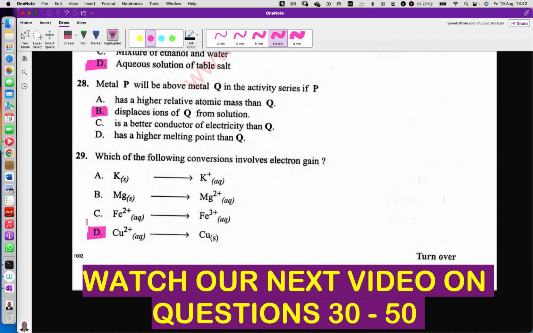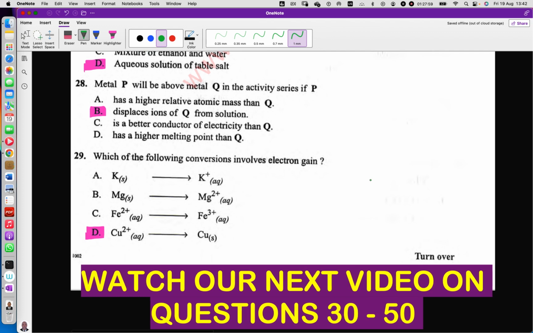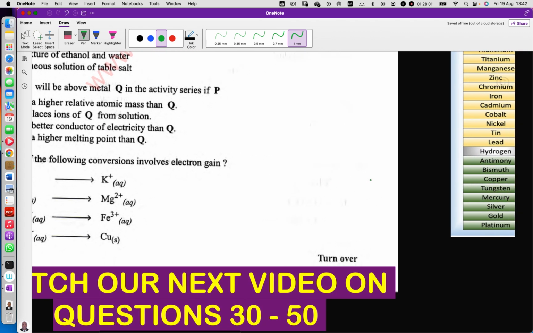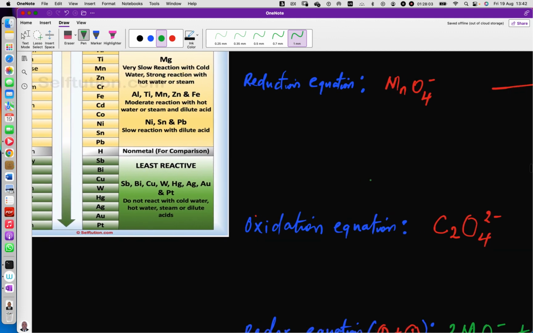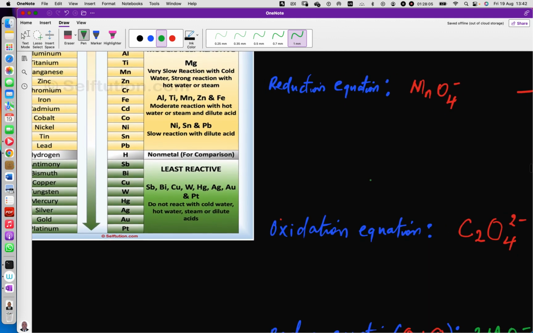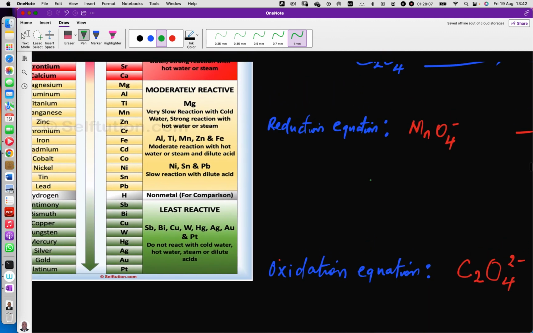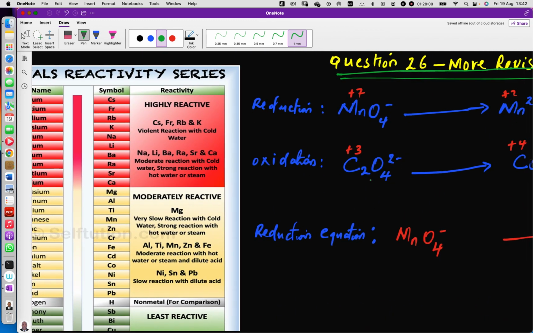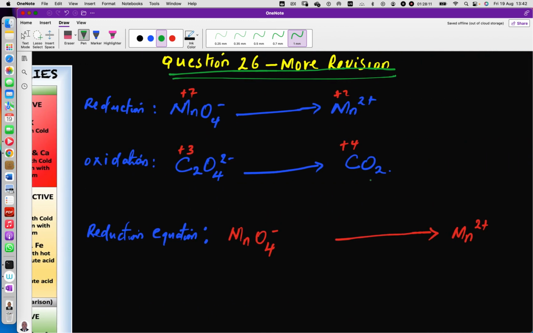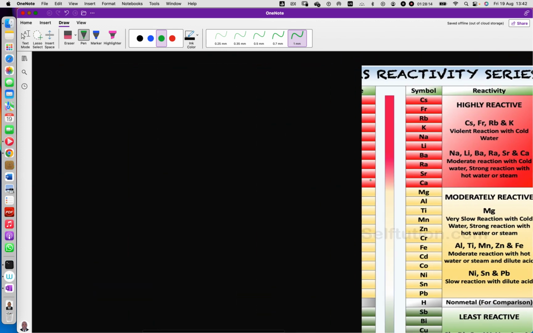Now we want to go further again. As I said, before we go, I was going to do a little work on question number 26, on this redox equation. You will see that this was a redox equation that was given.